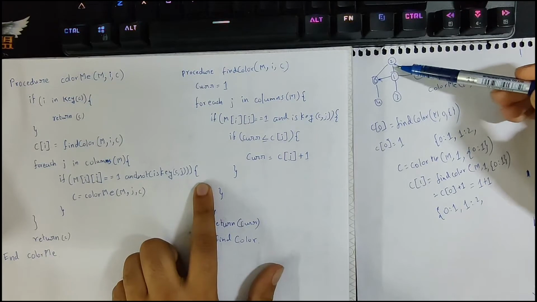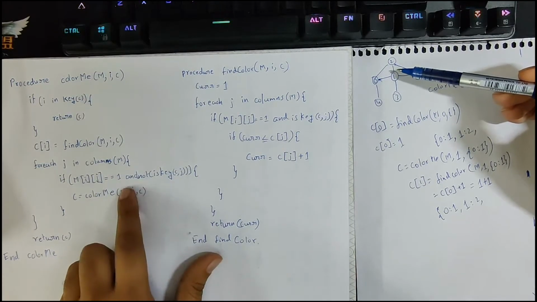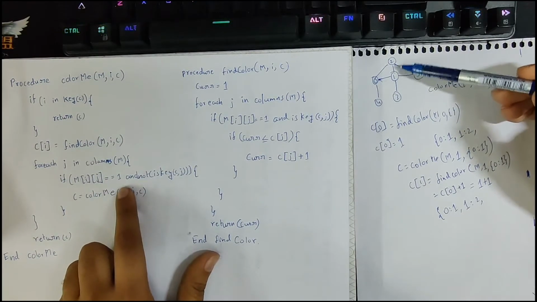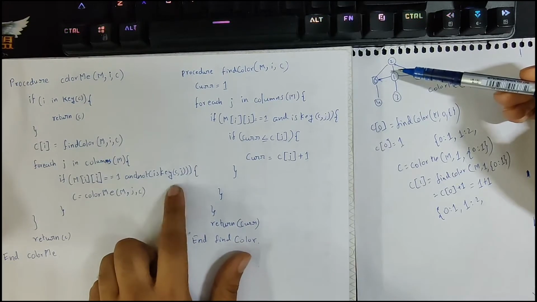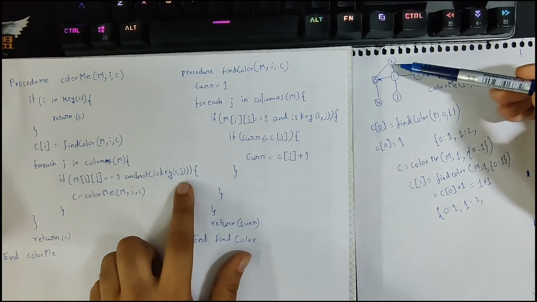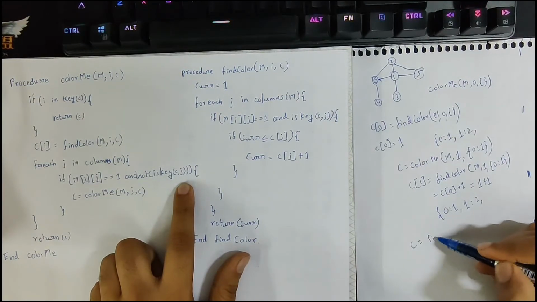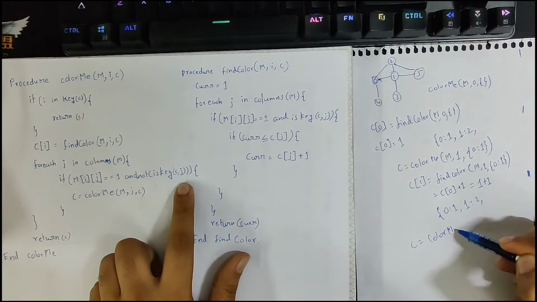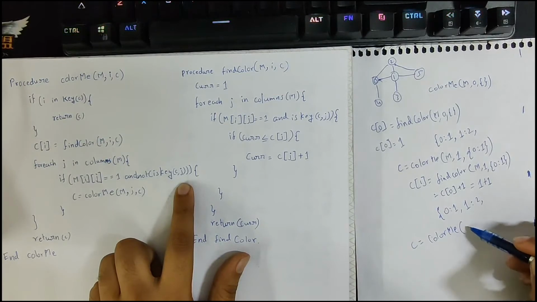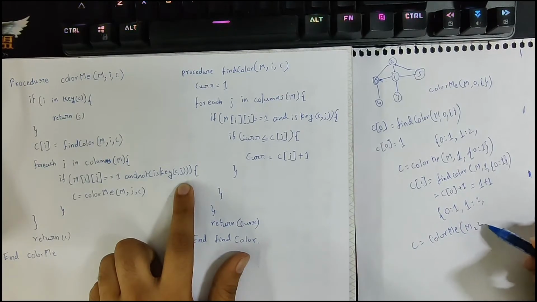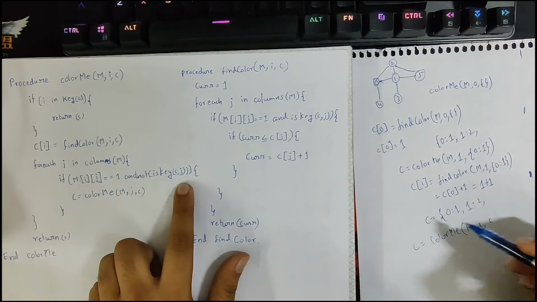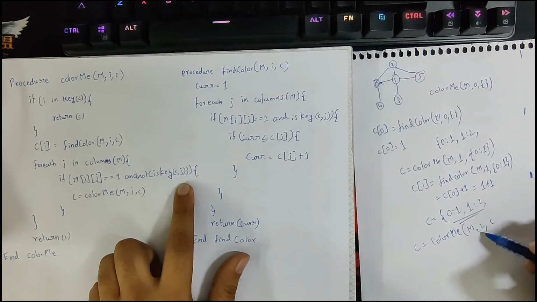Then 1 to 2 there is an edge, m of 1, 2 equal to 1, and 2 is not a key. So we'll go to the next step, c is equal to color me of m comma 2 comma this latest c.